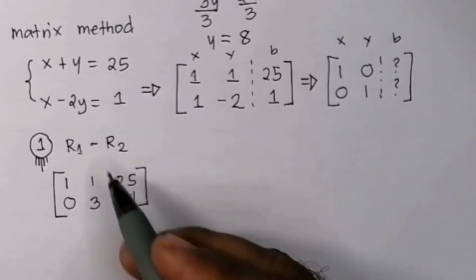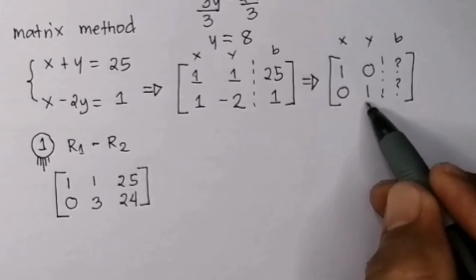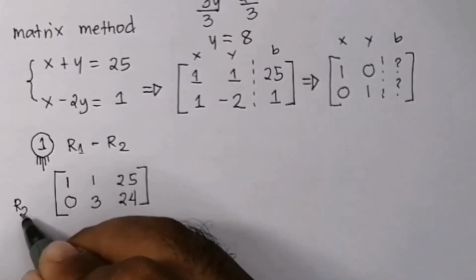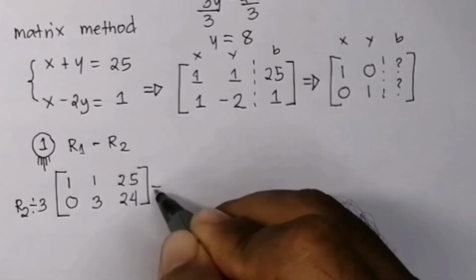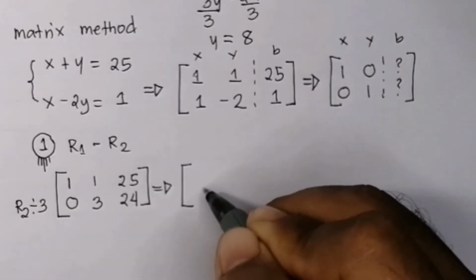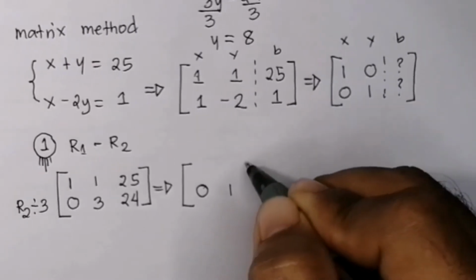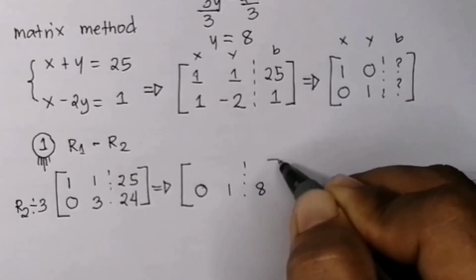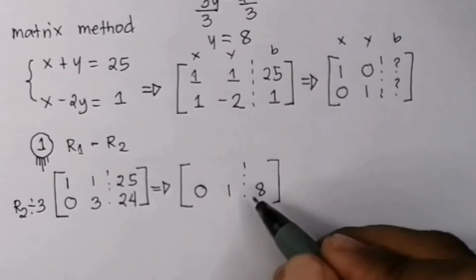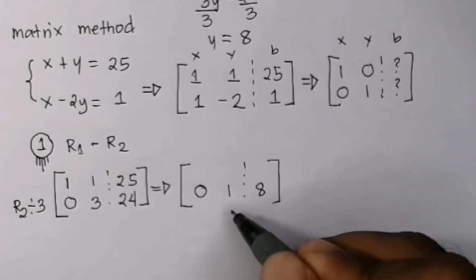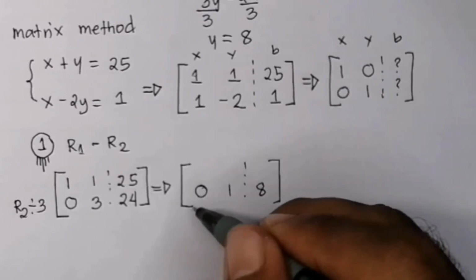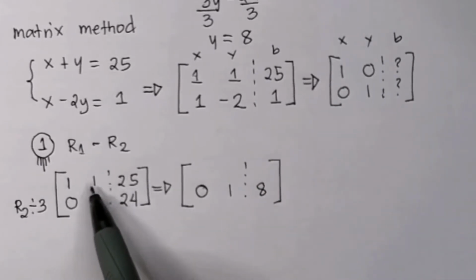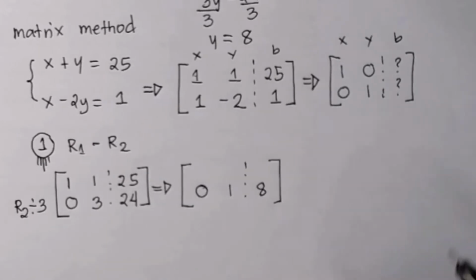Now our concern is to make this 3 the same as 1. So this is row 2. We're going to divide row 2 by 3. So we now have row 2 as 0, 1, and 24 divided by 3 is 8. Next, we're going to use this row 2 as part of our first row in order to eliminate this 1 and make it 0.